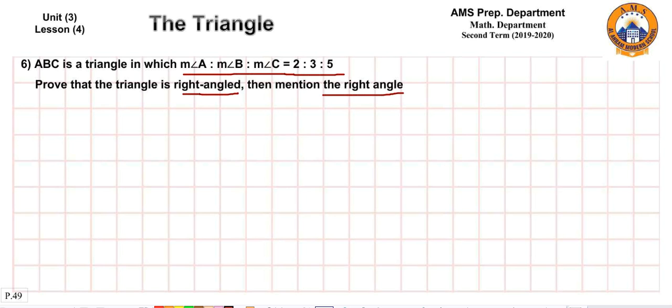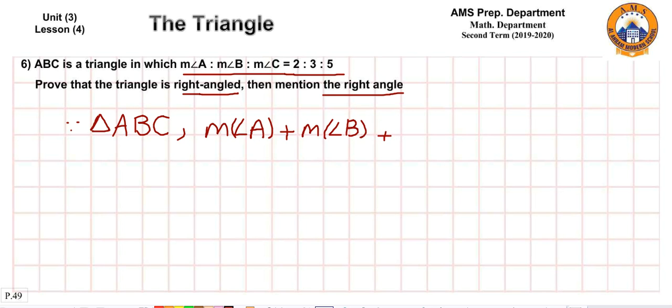Okay, so we will say since in the triangle ABC, measure of angle A plus the measure of angle B plus the measure of angle C equals 180. This is our theorem.